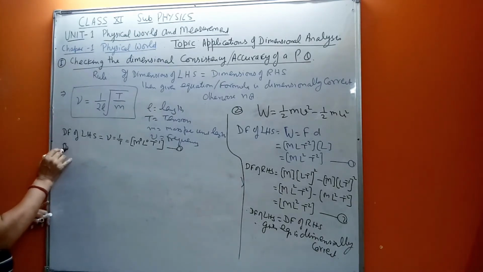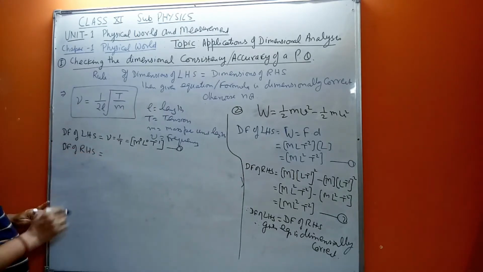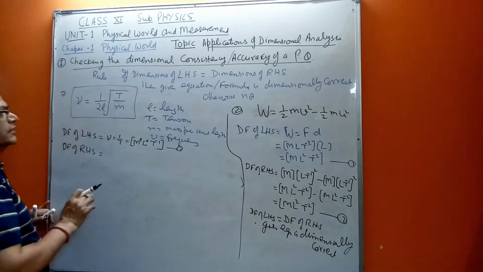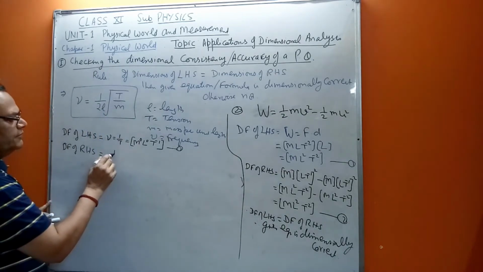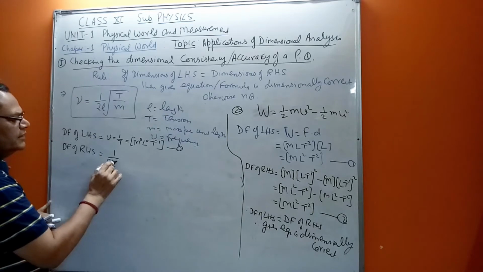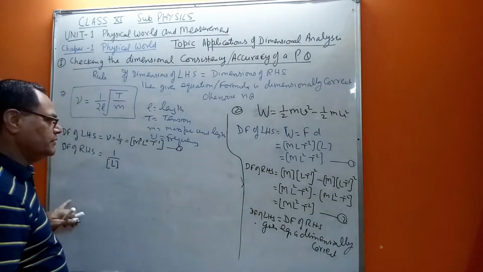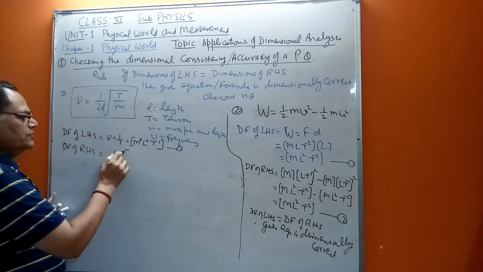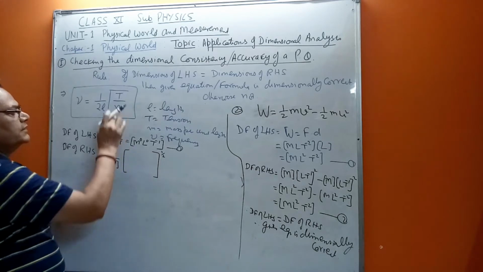Now we can write down the dimension formula of RHS. So 1/2L. So 2 is out, because it's a constant. So you will have 1/L, and within a square root. Okay, square root means half power. So let us put a square bracket and half power.